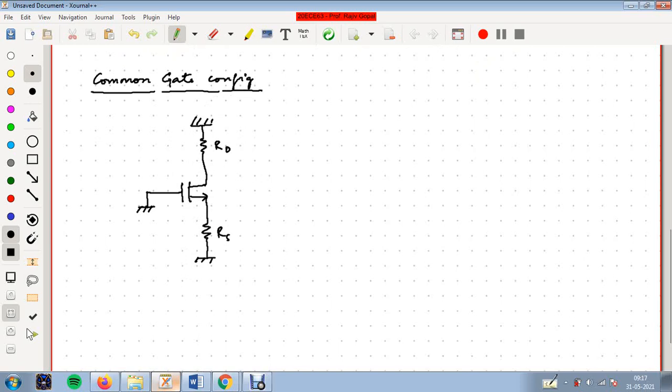If I draw the T model of this common gate configuration, I will have a current source like this, which I'll call I, and a resistance here called 1 by Gm.